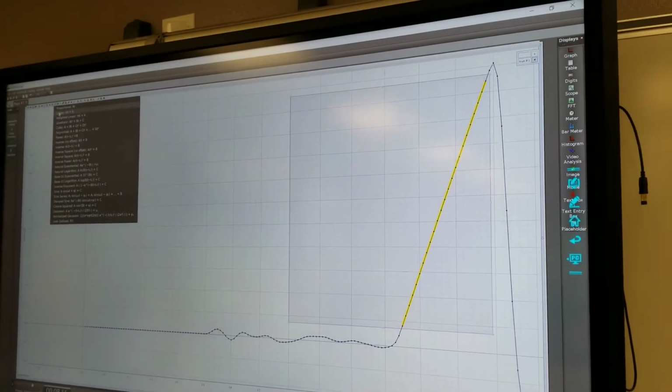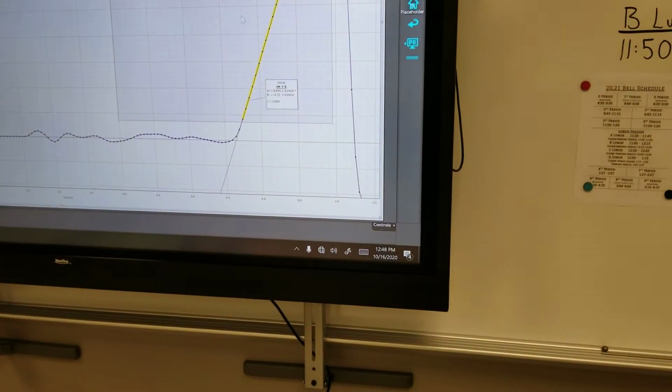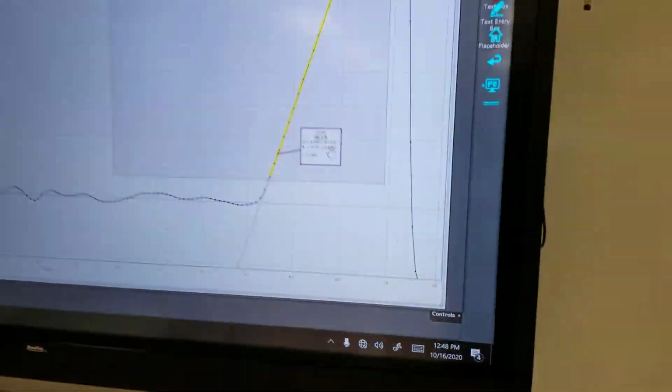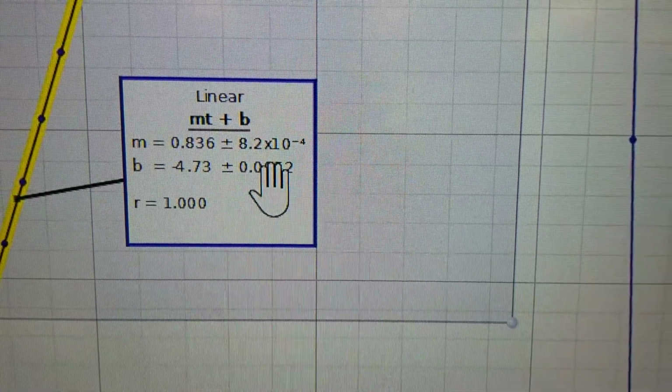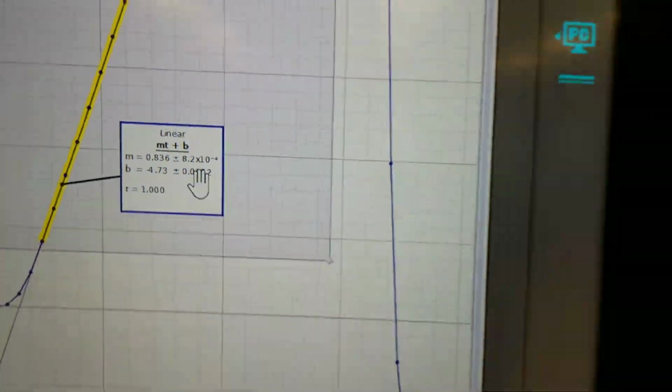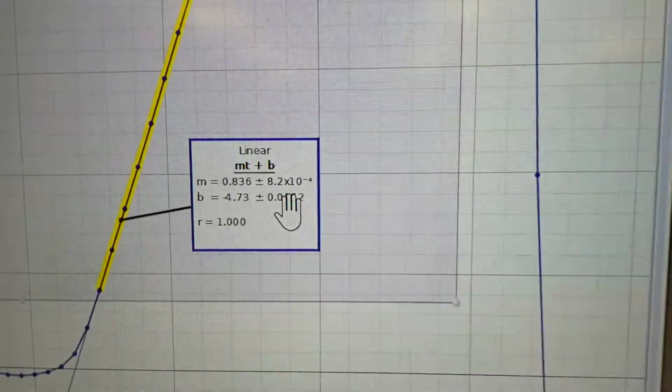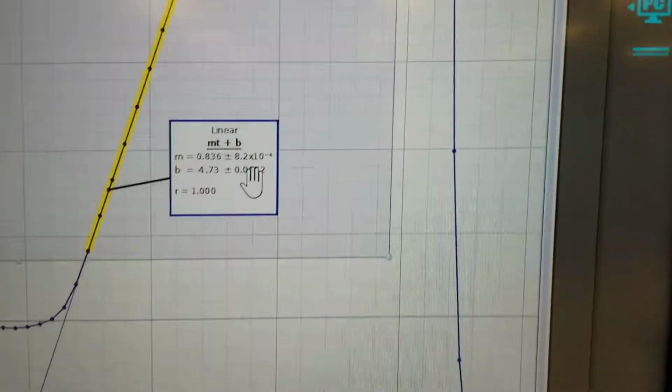I'm going to choose linear over here. Okay, coming in on that box, my linear best fit tells me I have a slope of 0.836. And again, the slope of a velocity time graph is the acceleration. So 0.836 is my acceleration.